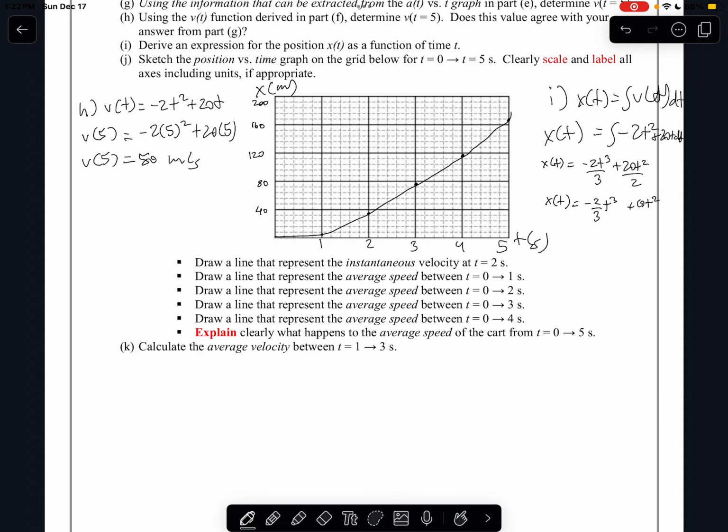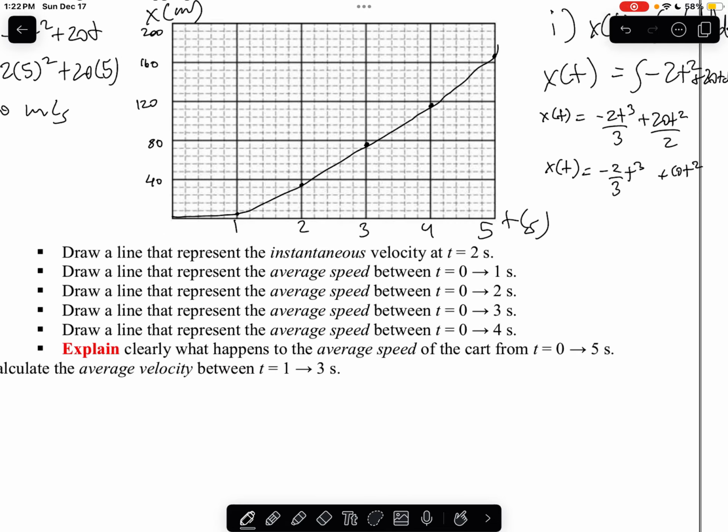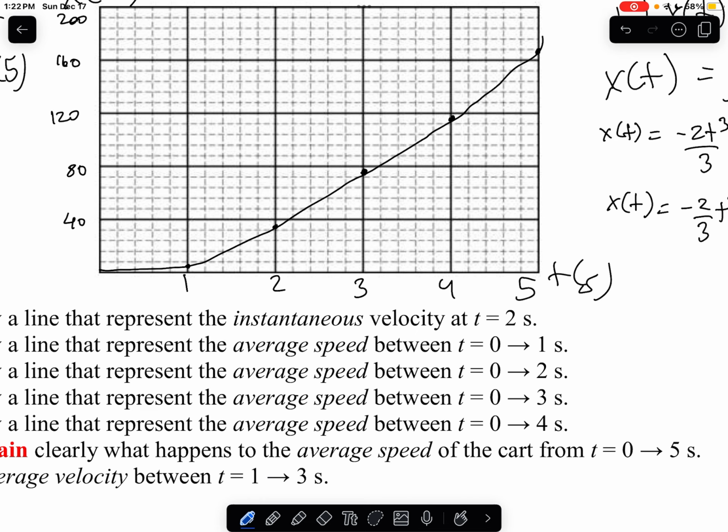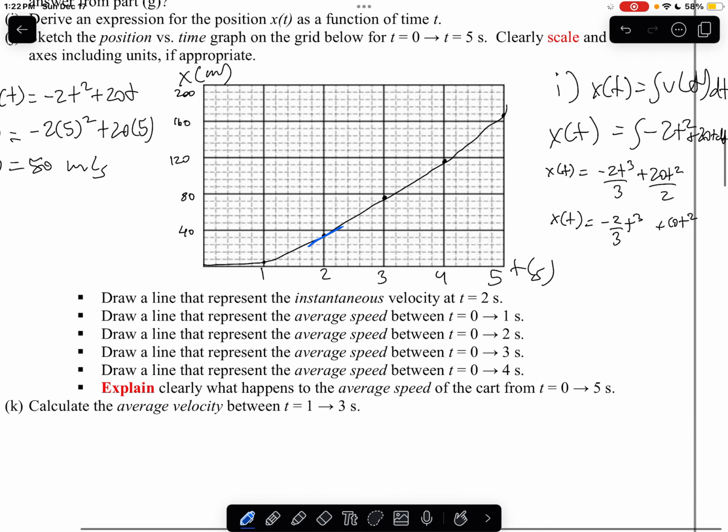And then I have to draw a line that represents the instantaneous velocity at t equals 2 seconds. So I'm going to make this a different color, like blue. At 2 seconds, the instantaneous velocity will look like that. And then draw a line that represents the average speed between 0 to 1. I think it's going to look somewhere around like that.